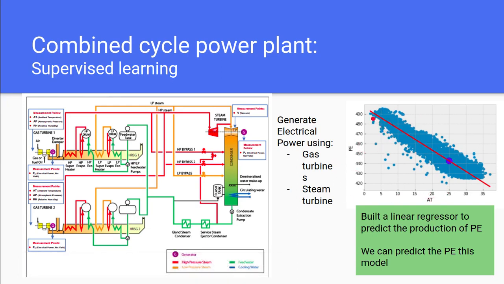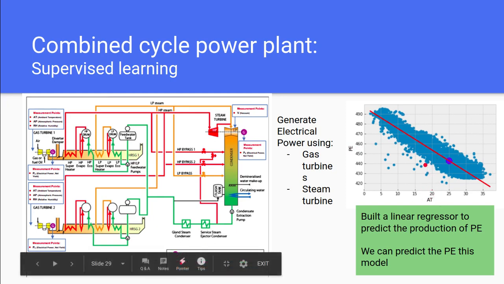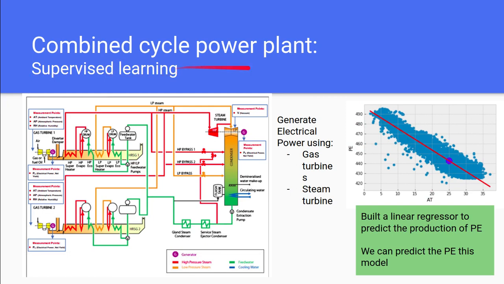So basically we can have this red line, this linear regression, to predict the electric power generation using the ambient temperature. And this we got because we were using the supervised learning approach.